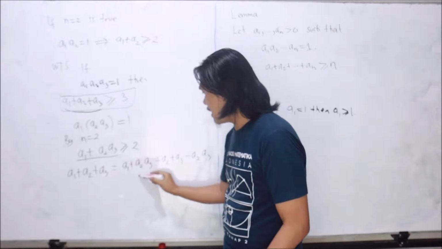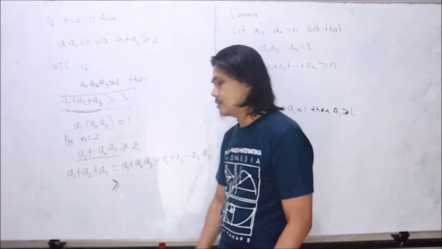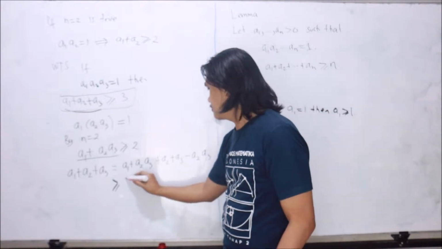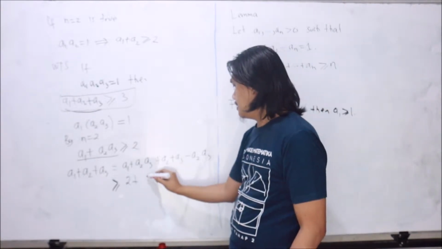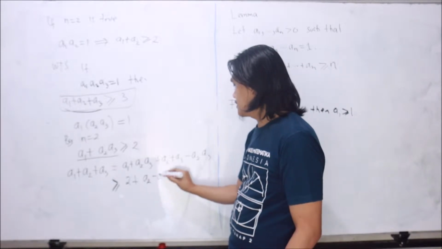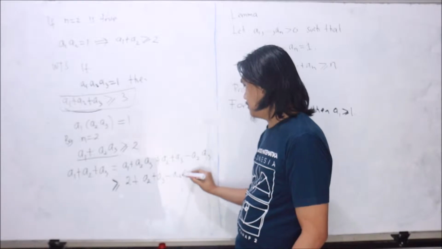And we know this guy is greater or equal to 2. So this is greater or equal to 2 plus a2 minus a3 minus plus a2 a3.